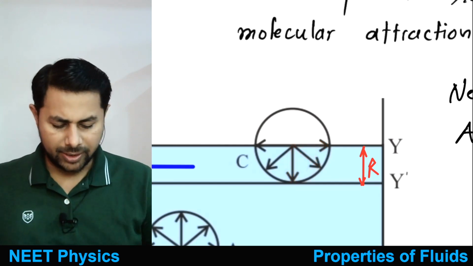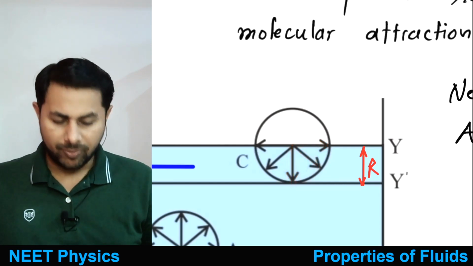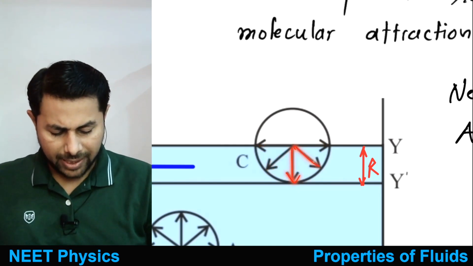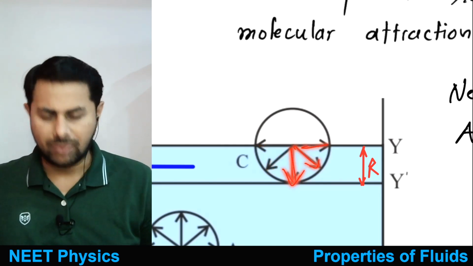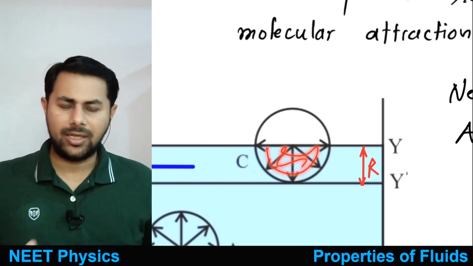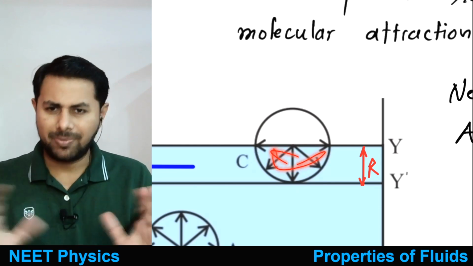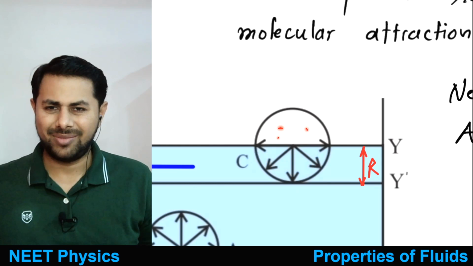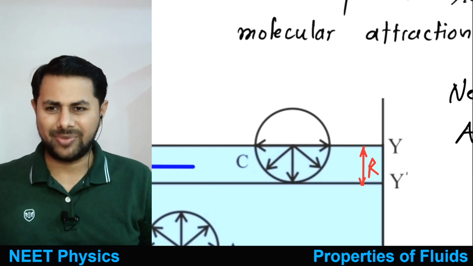If you take water, it gets attracted by other water molecules, and the net force acting on it will be downwards, simply because there are more molecules in this hemisphere compared to that part, since air is very rare.